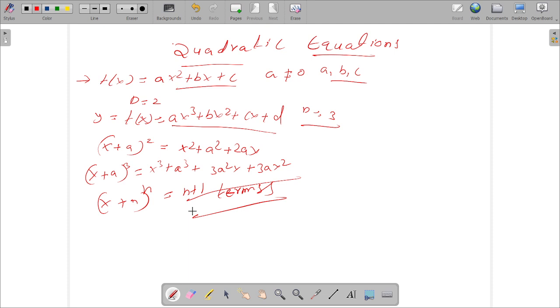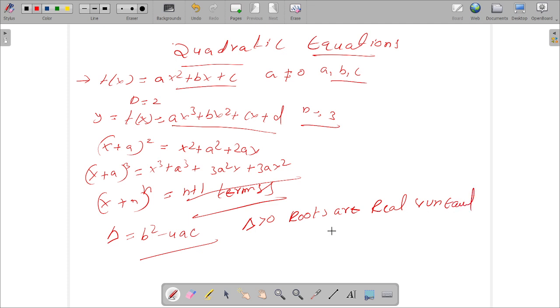Next, the formula way of finding the roots of the equation and the nature of the roots. The nature of the equation can be described using delta. Delta is nothing but the discriminant, b square minus 4ac. If delta is greater than 0, roots are real and unequal.